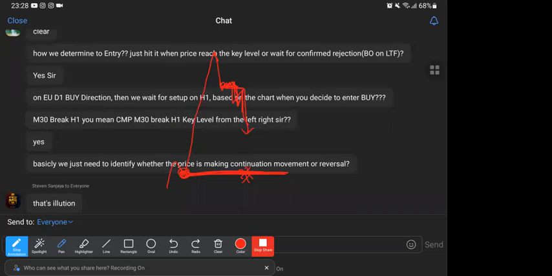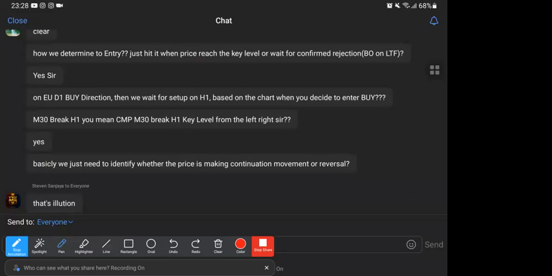Yeah, this is what we call illusion. When you hear some people discussing their trading, they mention, oh, I just get a continuation entry, I just get a reversal entry. At the end, you are wondering how they get the entry. You can't even see it. So it creates another confusion for you. So if it's okay for you, no problem.